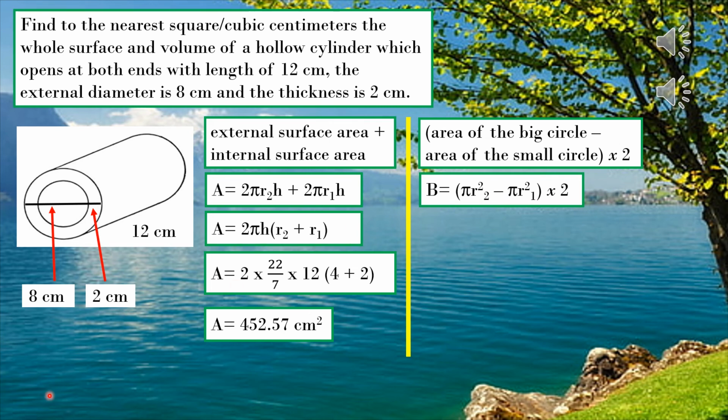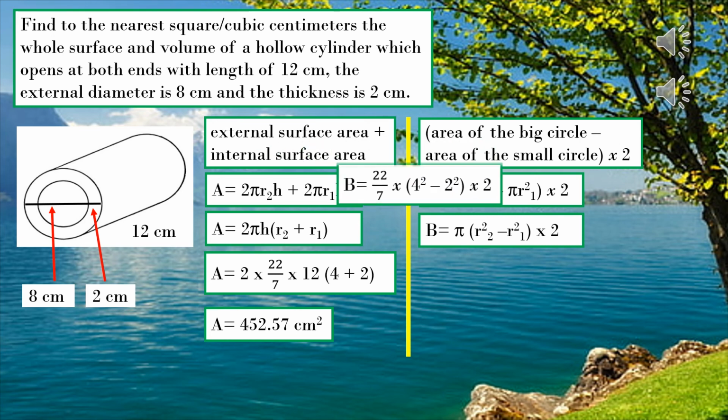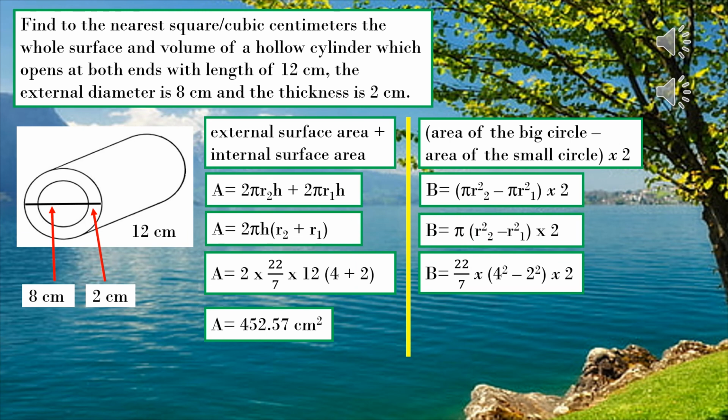So the formula is pi times the difference between the radius squared of the big circle and the small circle, and then multiply by 2. Okay, substitute, and then your final answer must be 45.43 square centimeters.